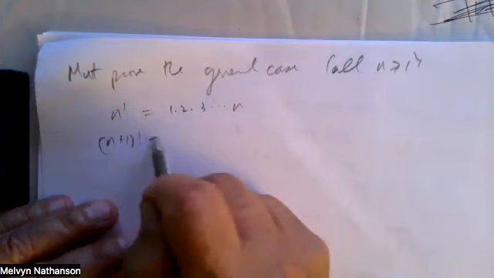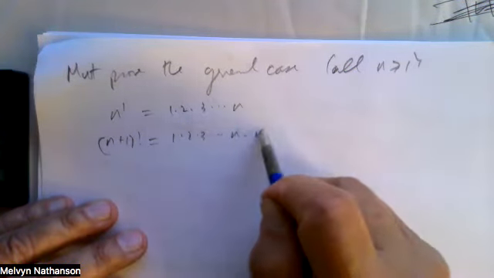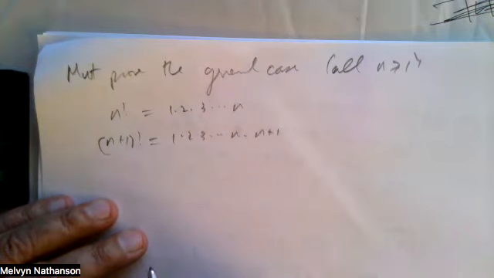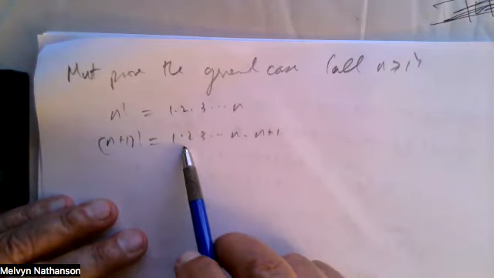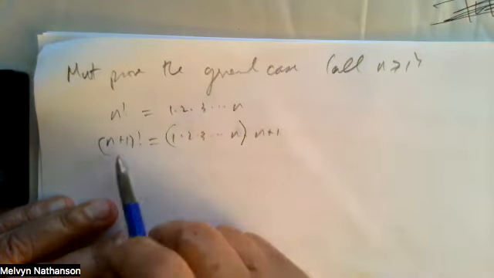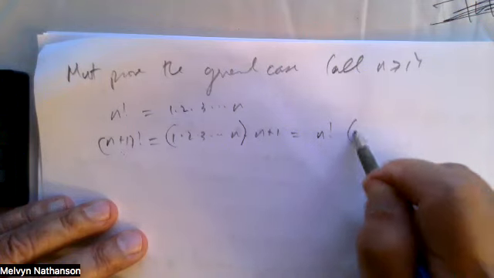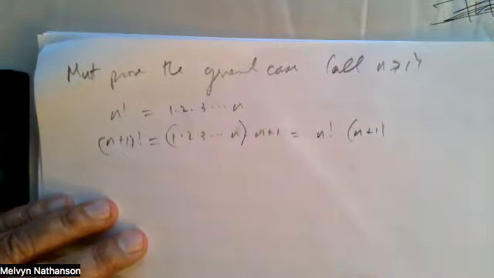N plus 1 factorial is the product of all the integers up to n plus 1. But this is the product of the first n integers times n plus 1. So n plus 1 factorial is n factorial times n plus 1.